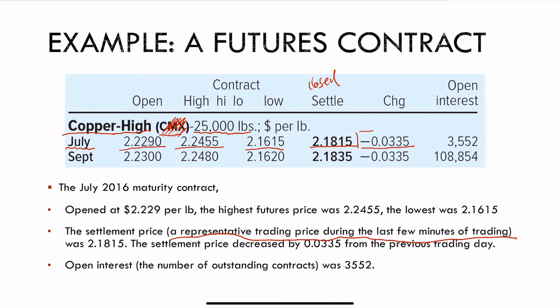This number basically means the settlement price today has decreased by this amount compared with the previous trading day's settlement price. Essentially, the change means today's settlement price minus yesterday's settlement price.